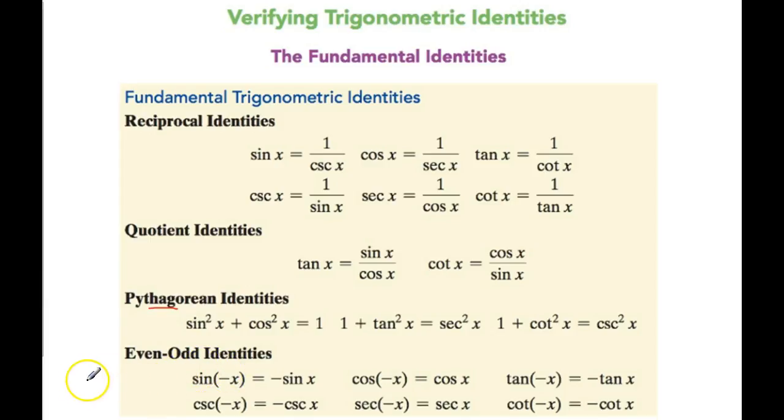This has to do with the fact that on the unit circle, if you think of x as the angle we're rotating, if we go down rather than up, that would be negative theta.